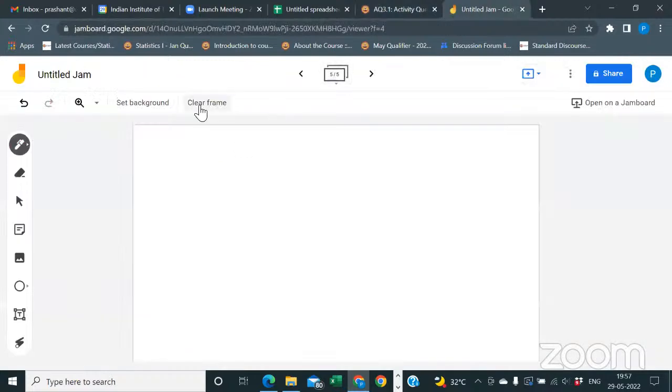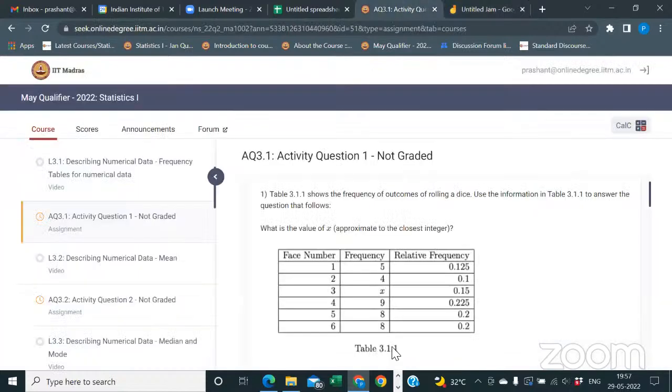Sir, for finding the total number of frequency, we can find it like this. See, this is the formula, right, Sapna? Relative frequency for the ith observation is equal to frequency divided by the total number, where n is the summation of fi, the sum of all the frequencies. Except for the third row, you have frequency and relative frequency.